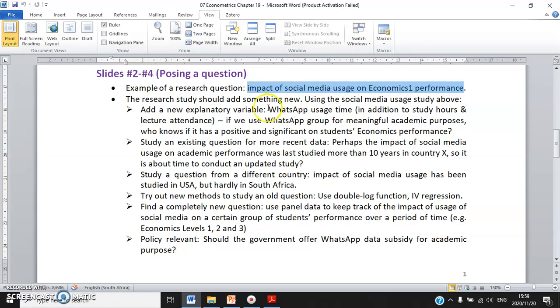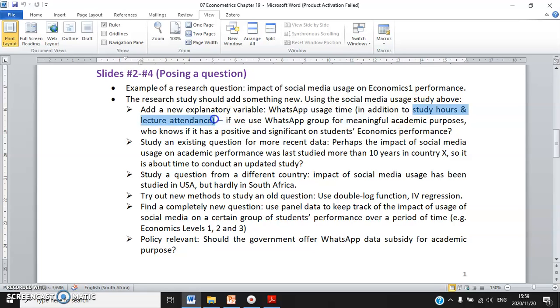Okay. And then using this social media usage study, maybe we can prove that this research would really provide us something new. Maybe in my econometric model, I will add a new explanatory variable such as WhatsApp usage time for academic purposes, obviously, as an additional explanatory variable.